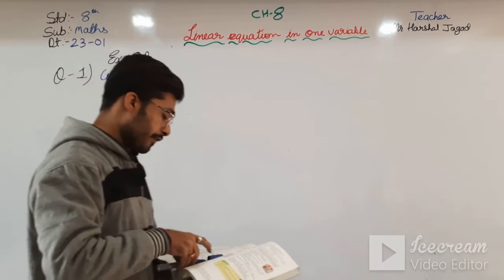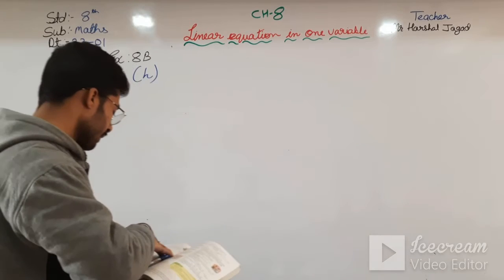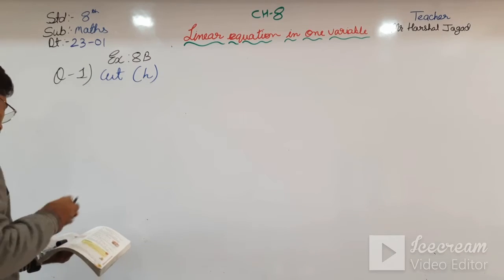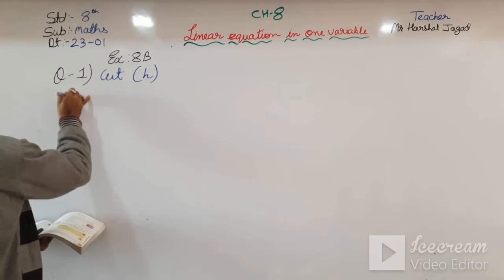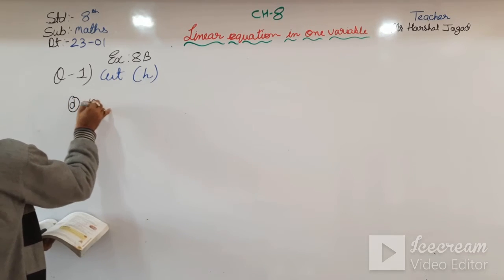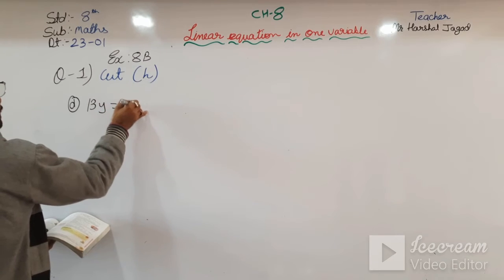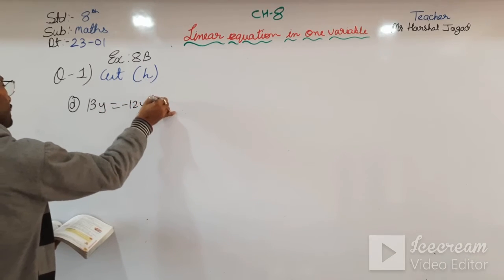Okay, then after here we will first do b, which is 13y is equal to minus 12y plus 100.